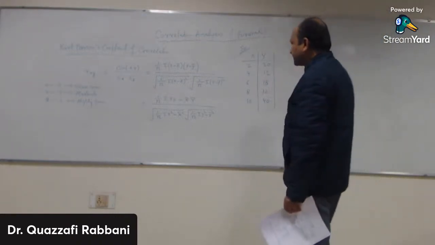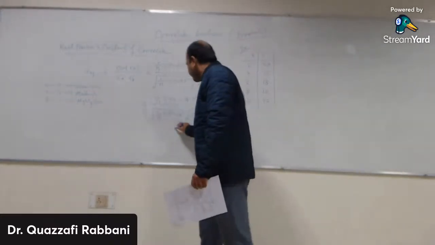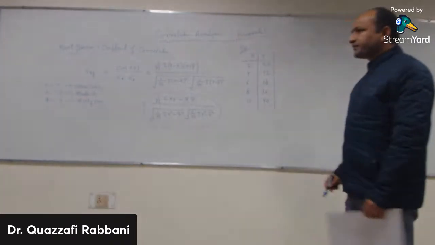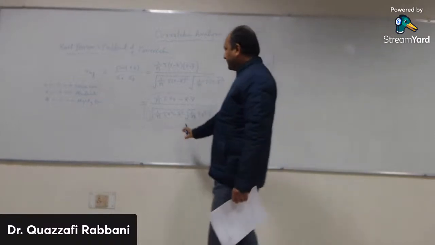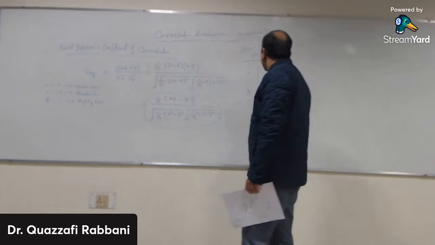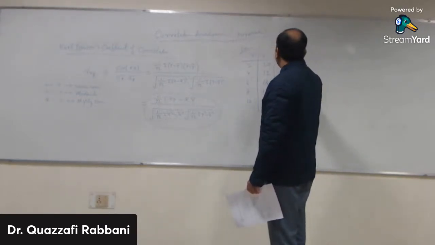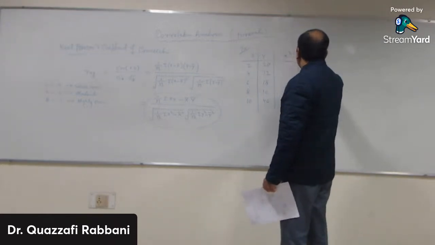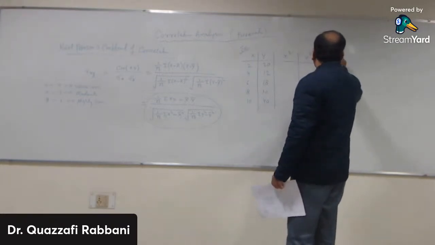To find the correlation, we are going to use this formula. From this formula, we want the table accordingly. Here we need x square, y square, and xy.